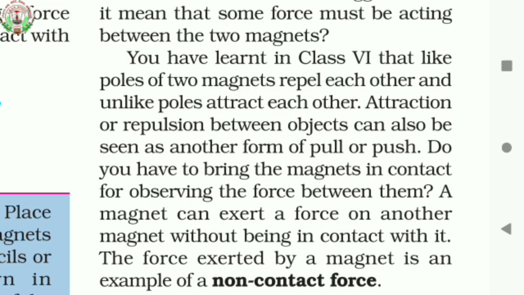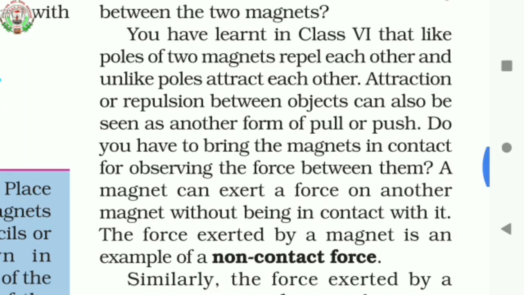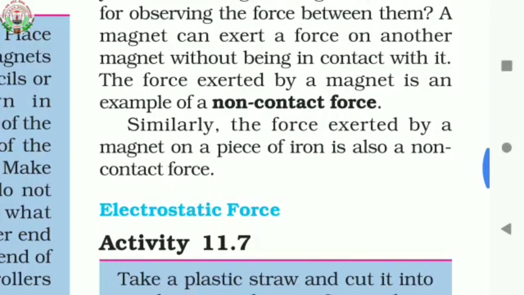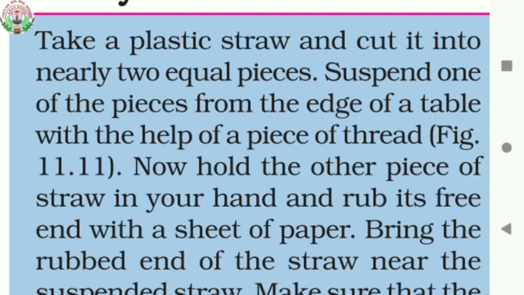The two bar magnets are not in contact, yet there is a force between the magnets. So it is an example of non-contact force. Similarly, the force exerted by a magnet on a piece of iron is also a non-contact force. Let us see some more examples of non-contact forces.